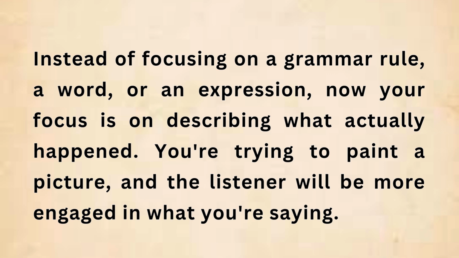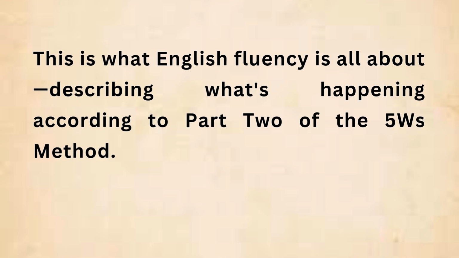Instead of focusing on a grammar rule, a word, or an expression, now your focus is on describing what actually happened. You're trying to paint a picture, and the listener will be more engaged in what you're saying. This is what English fluency is all about, describing what's happening according to part 2 of the 5 W's method.